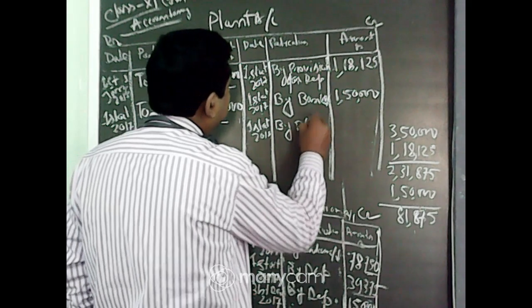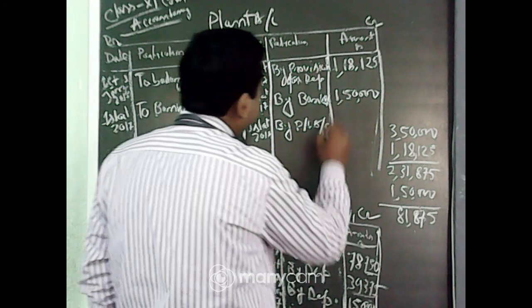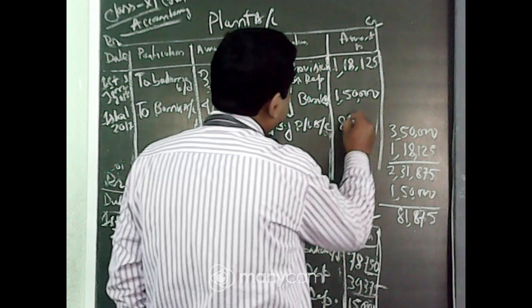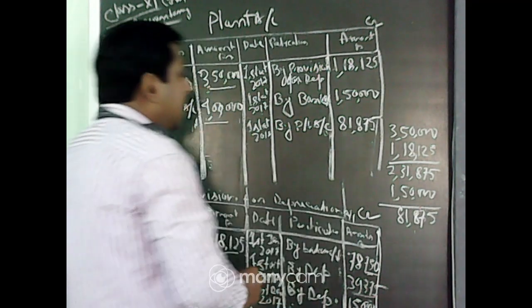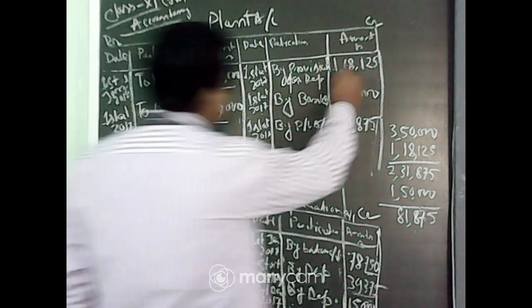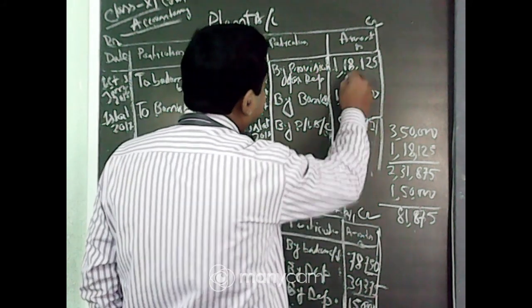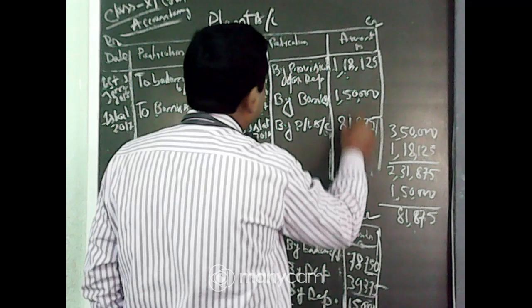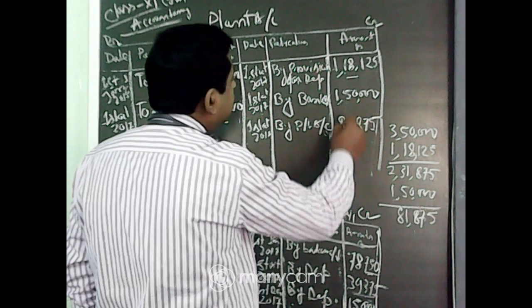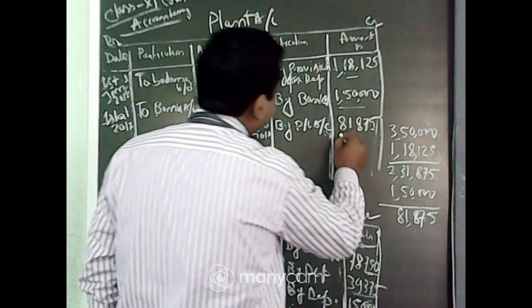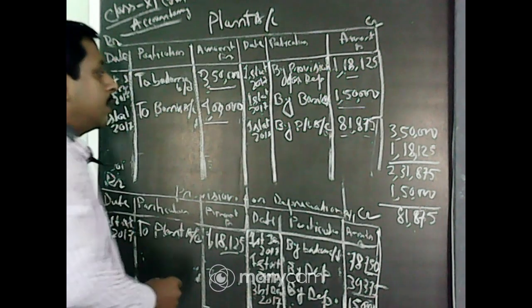You have transferred to the PL account loss on sale of plant, that is 81,875. Okay. Now these three values, if you add these three values, it will come to 3,50,000, because this is the depreciation, it is the sold value, and it is the profit and loss value.